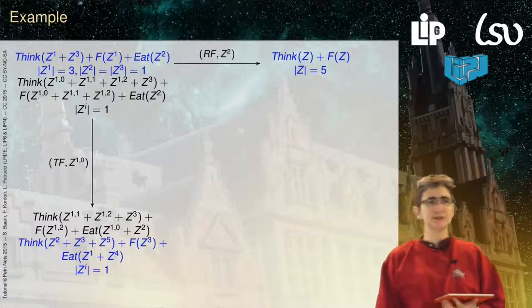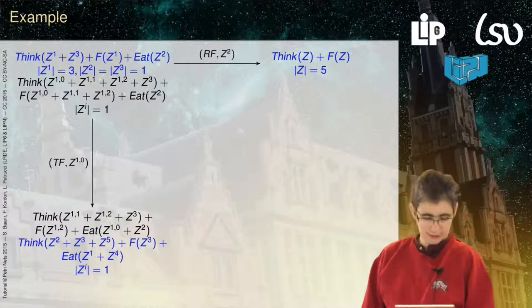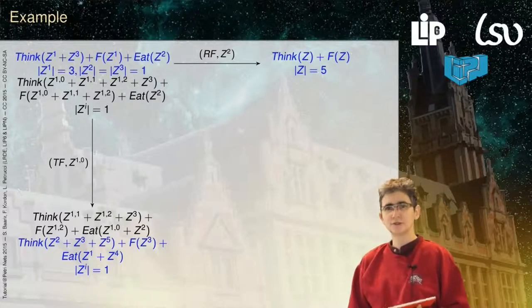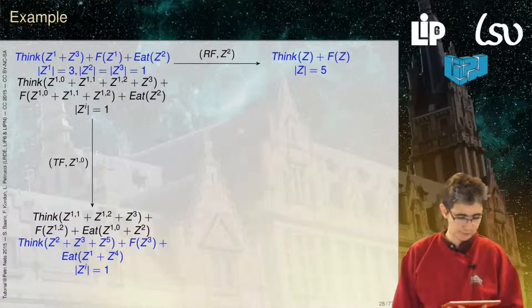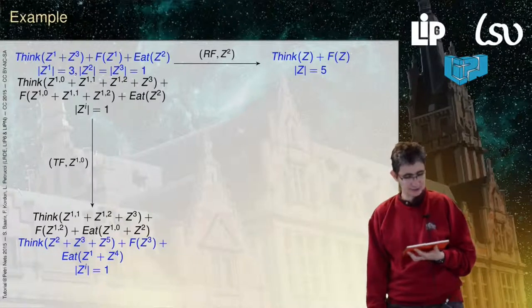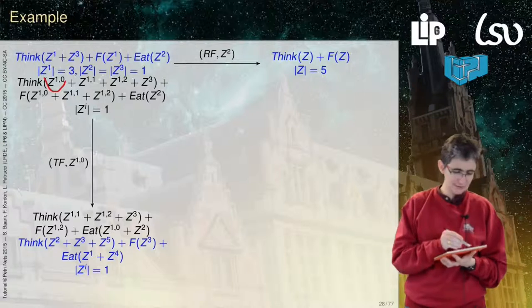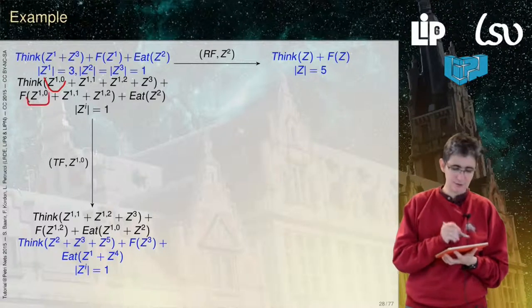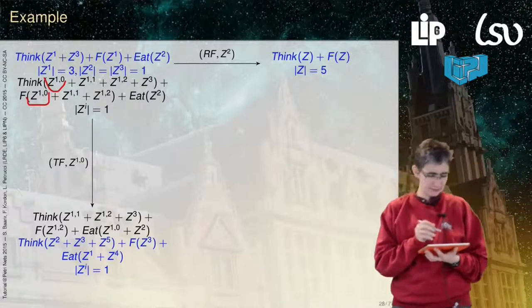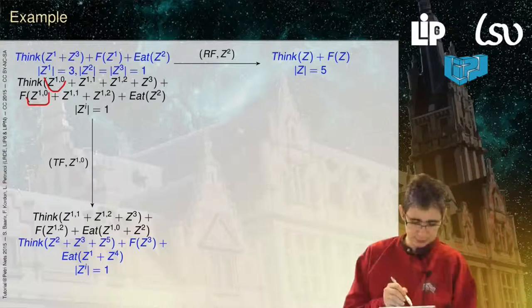Then another possibility is for a second philosopher to take its forks. So let's assume that the philosopher in Z10 wants to take its forks. In Z10, we have a philosopher that is thinking here, that has its fork available, and he has the fork next to him available.